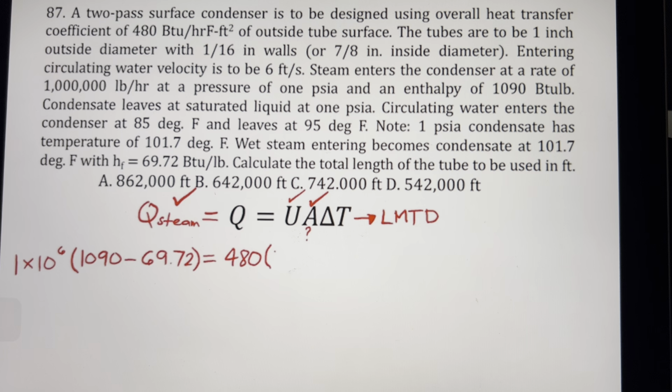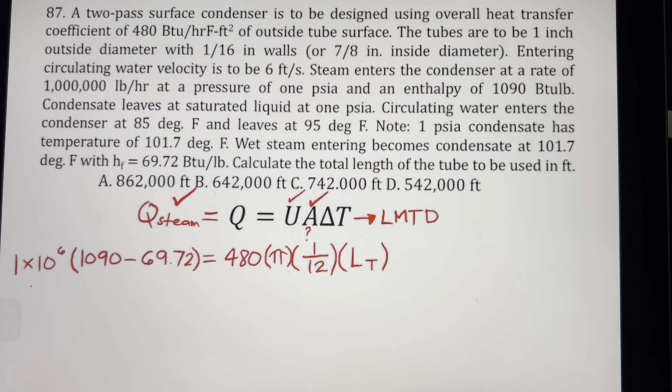Our area is the total surface area, so that will be pi times the outside diameter, which is 1 inch. And as you can see, our units are all based per foot, so we have to divide this by 12. So this will be 1 over 12 foot times our unknown, which is the total length of our tubes. So that will be pi times outside diameter times total length.